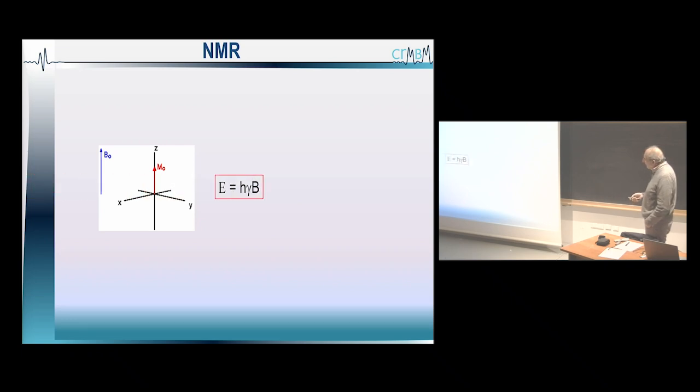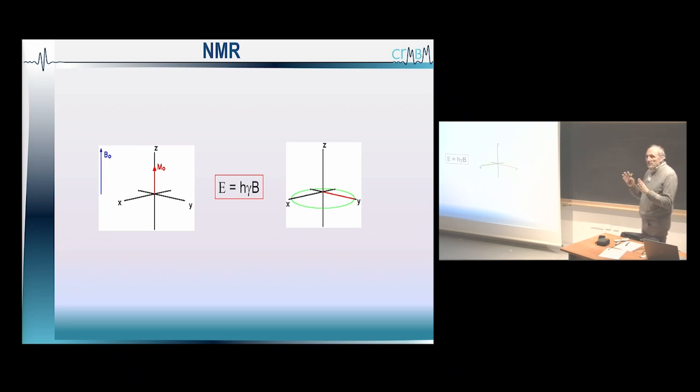So as I said before, if we want to get the signal, we need to add this energy E related to the frequency of precession, and then you will be able to tilt the magnetization away from the z-axis, because this is where you are going to be able to measure it. And so the question will be, how can we flip this magnetization from here to here?